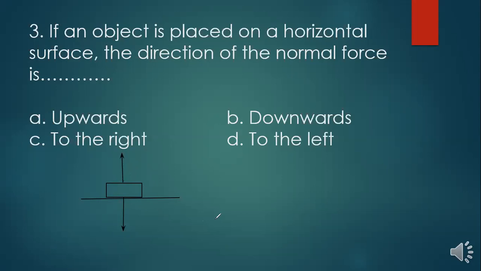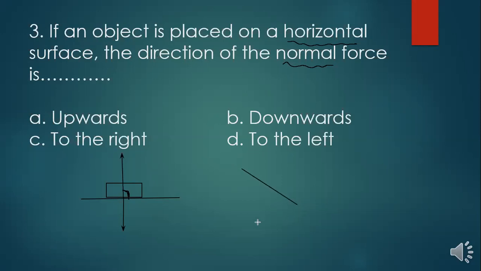Now, if we go back to Fn, we will notice that Fn makes an angle of 90 degrees with the surface. That is why it is called the normal force. So if the object is placed on a horizontal surface, the direction of the normal force would be upwards, straight upwards, right? Just as a quick hint for everyone, what if the surface is inclined like this?